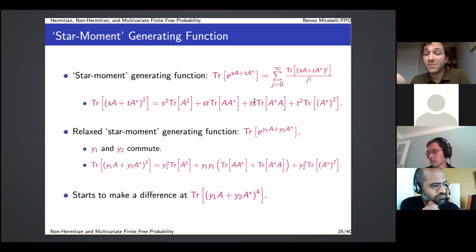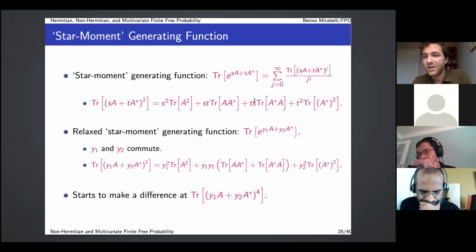But it might not even be the case that there is a distribution for some finite n that corresponds to having these relaxed star moments. That's why the way that we talk about it in the finite world is with these higher rank numerical ranges, or with the polynomial itself.